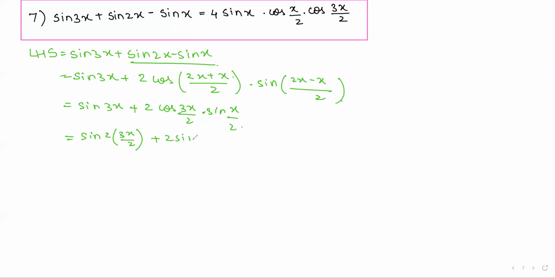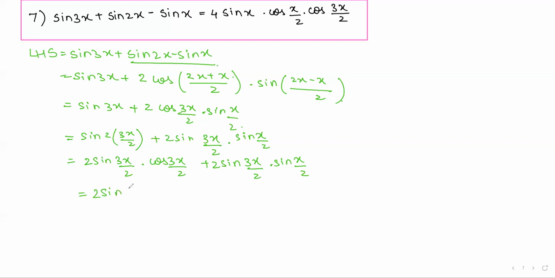That's 2 sine 3x by 2 into cos 3x by 2, plus 2 times cos 3x by 2 into sine x by 2, is equal to 2 times sine 3x by 2 common. So left with cos 3x by 2 plus sine x by 2.